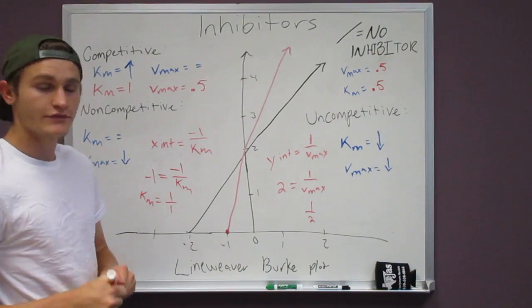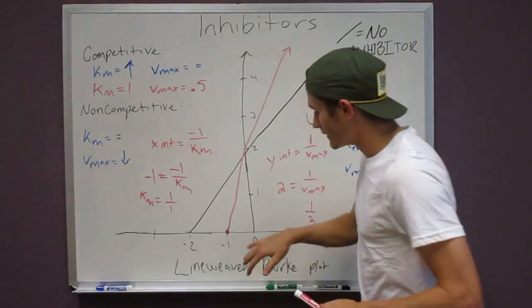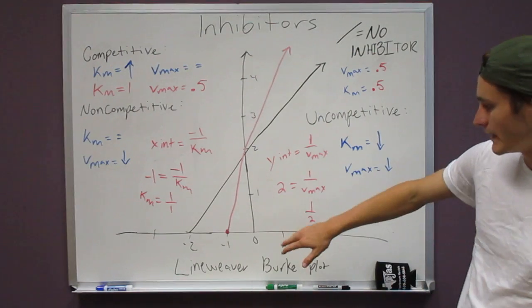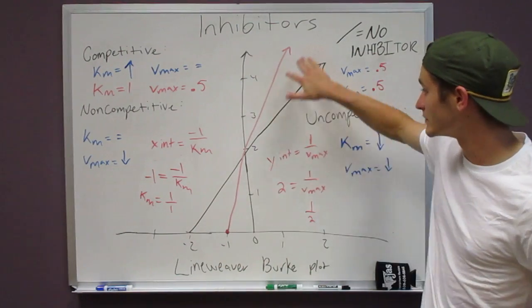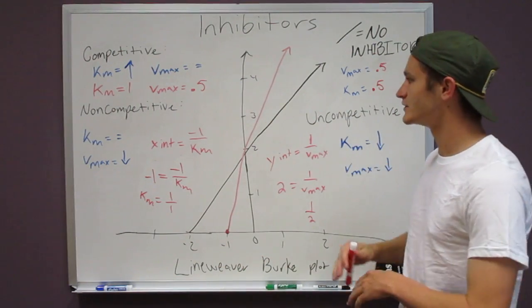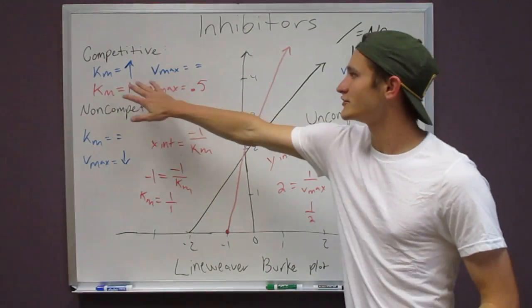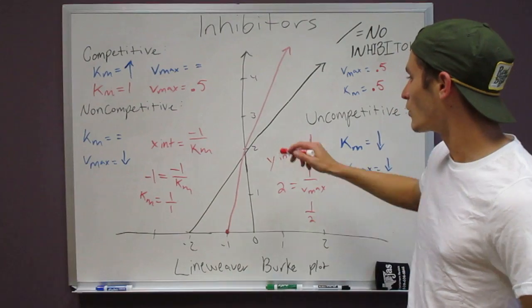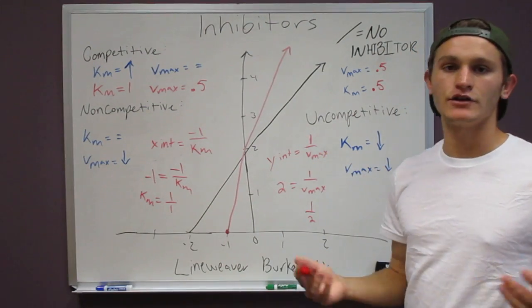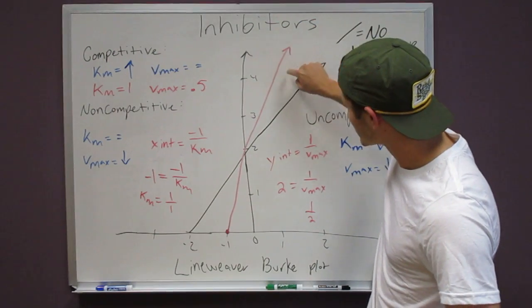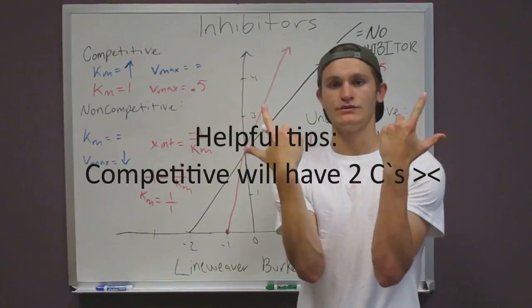It's fairly simple. The line will always be consistent as well. The numbers may change, but this line will be similar. So how do I look at that and just know it's a competitive inhibitor? Well, if you're not too sure about Km and Vmax values, a good way that helps me remember it is if you look at this, it looks like there's two C's going back to back.